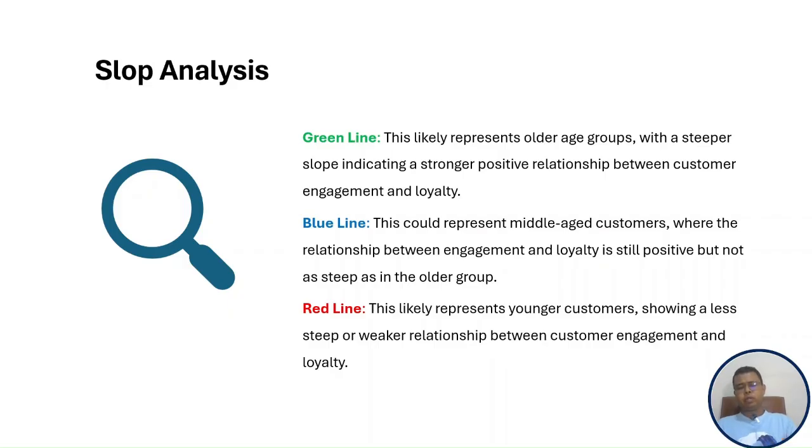Compared to those two lines, the red line likely represents younger customers, showing a less steep, weaker relationship between customer engagement and loyalty. Overall, it says that more customer engagement indicates more customer loyalty.